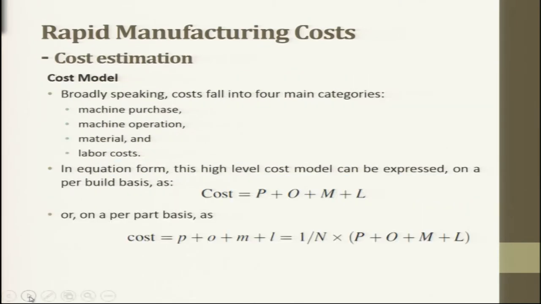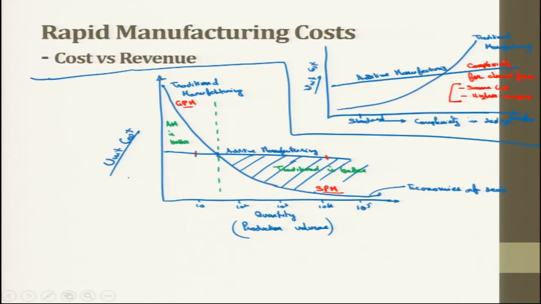Next we have cost estimation models. Broadly speaking, cost falls into the four main categories that we have discussed: number one is machine purchase, second is machine operation, third is material, fourth is labor costs. The total cost is purchase cost plus operation cost plus material cost plus labor cost, and we also have cost on a per unit, per part basis, for which I showed you the illustration in the previous slide.